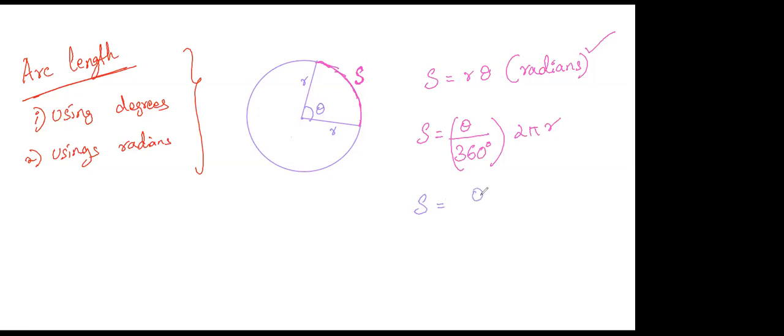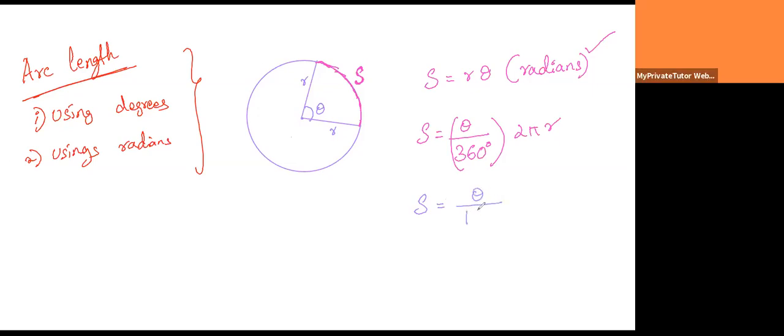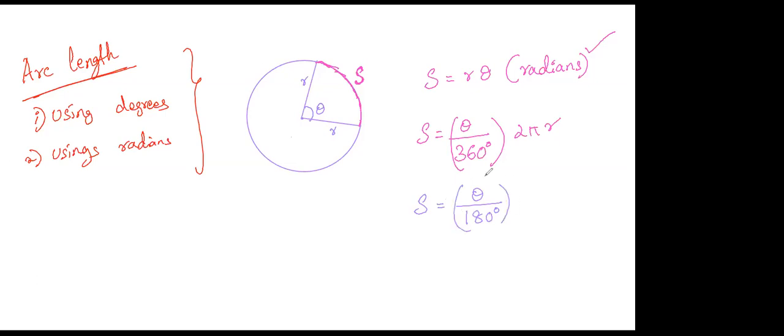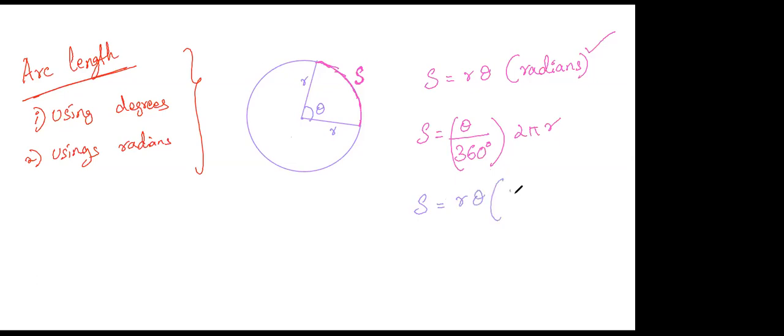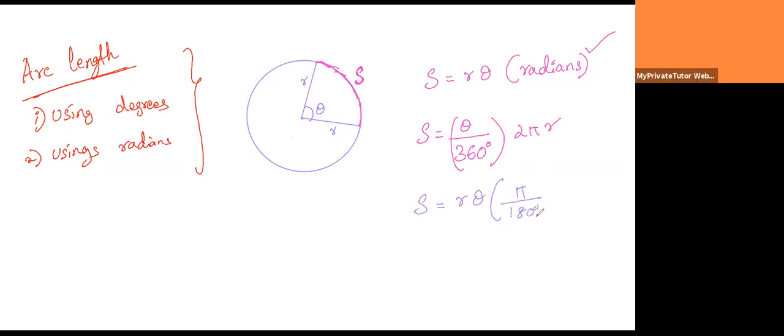Or else we can also write it as theta by 180 degrees, or r theta pi by 180, or r theta, the same thing, but we are converting, so 2 pi by 360.